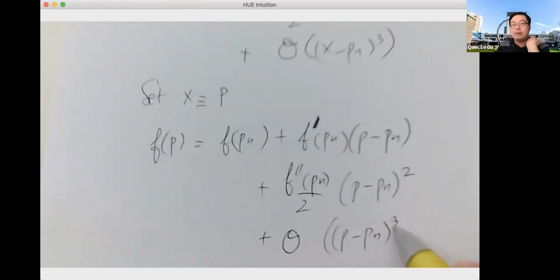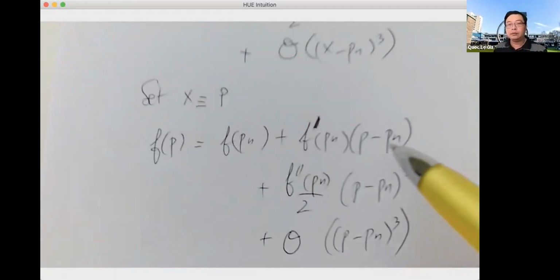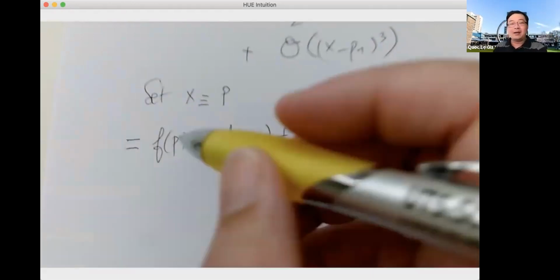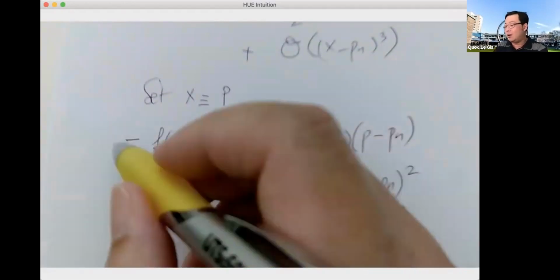So what's so special about p? What does f(p) equal to? You forgot the equation already. It equals 0. Remember p is the zero, so f(p) equals 0.